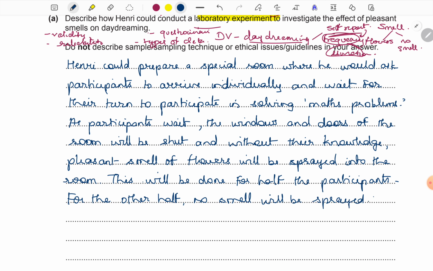Thus, an independent measures design is used.